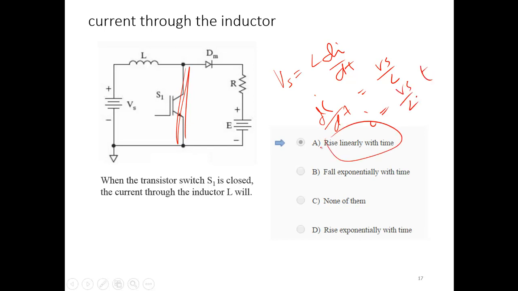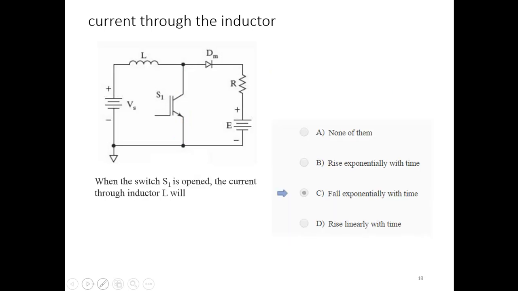The current rises almost linearly. When the switch is open, the current through the inductor will fall pretty much exponentially, because it is an RL circuit with the battery there.